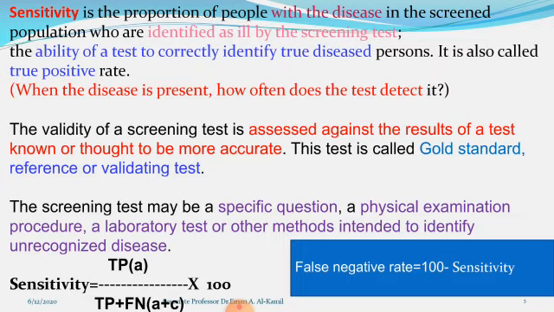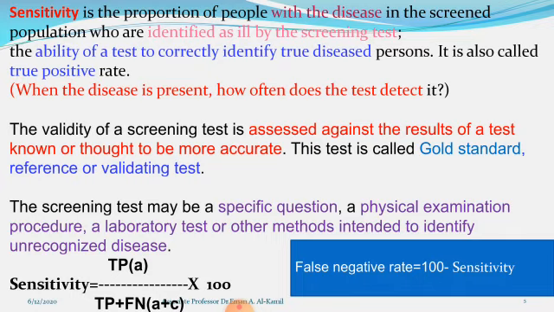This is what is called the screening test, and the gold standard test is the audiogram. So we compare it with the audiogram. So the sensitivity is the true positive, which is A, divided by the true positive plus the false negative, which is A and C, multiplied by 100.